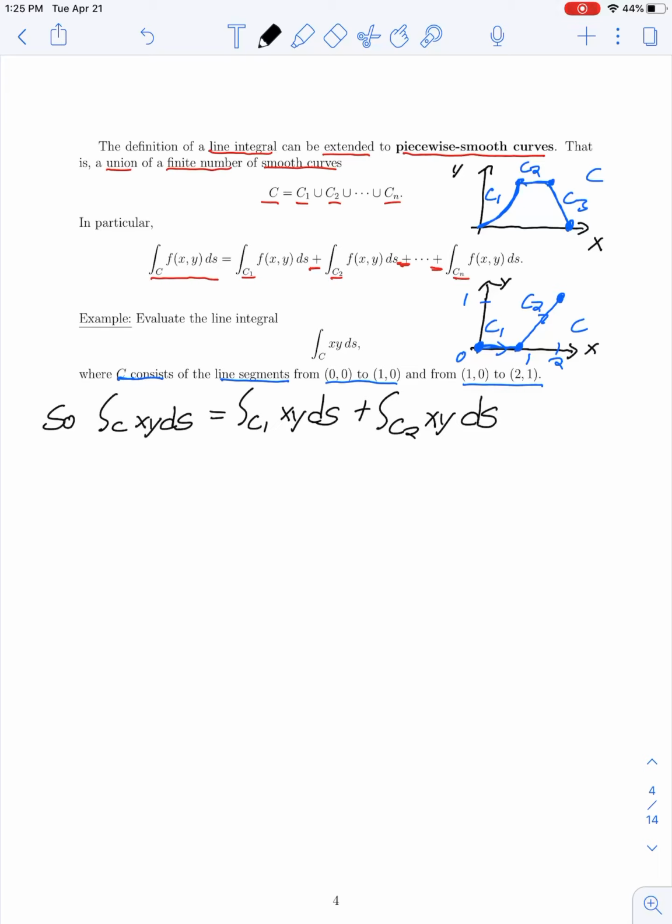So to evaluate each of these pieces using the theorem that we had been making use of, we need to find parametric equations for these line segments.